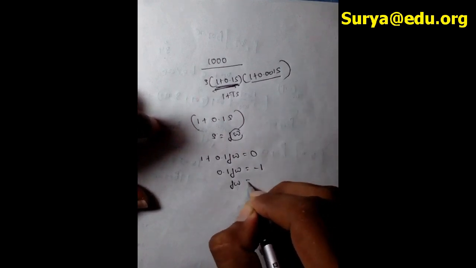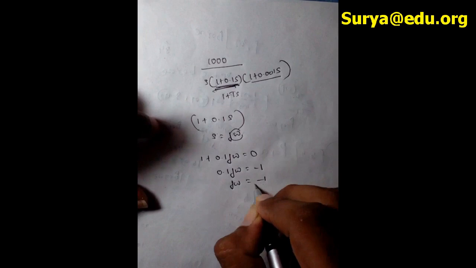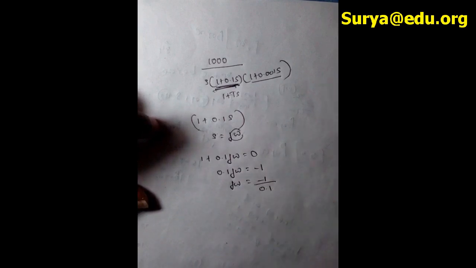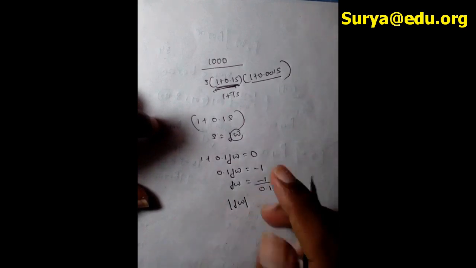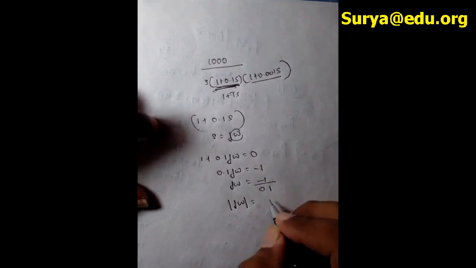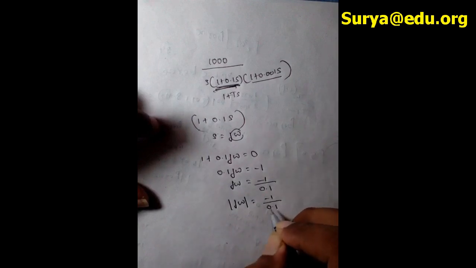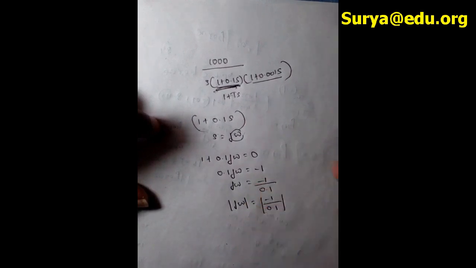So j omega equals minus 1 divided by 0.1. Now the corner frequency is the modulus, or magnitude, of this j omega, which equals the magnitude of minus 1 divided by 0.1. When you take the magnitude, you don't need to worry about the negative. So modulus of 1 divided by 0.1. What is the answer?